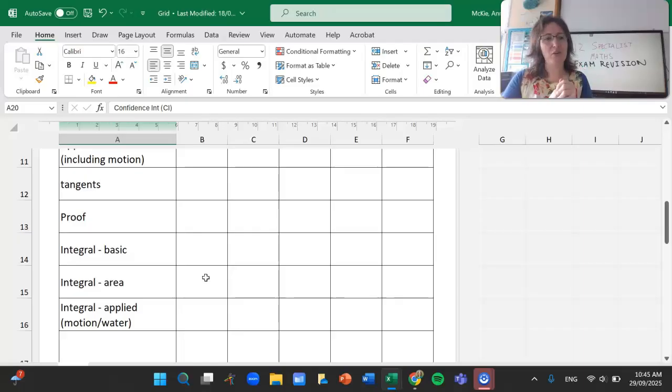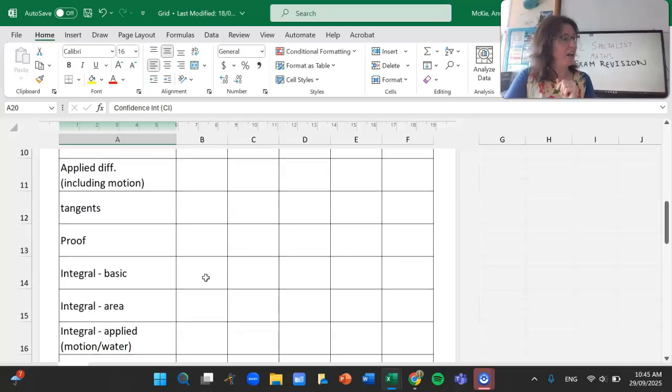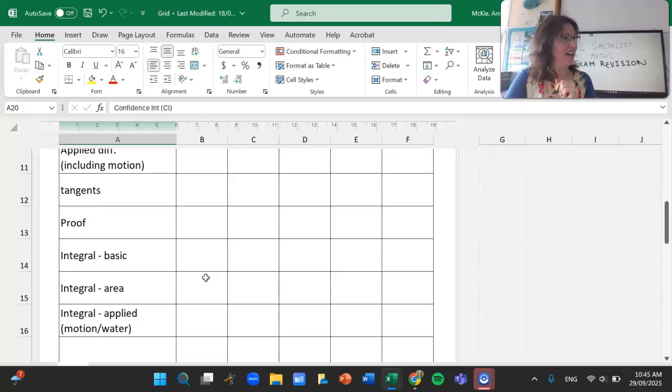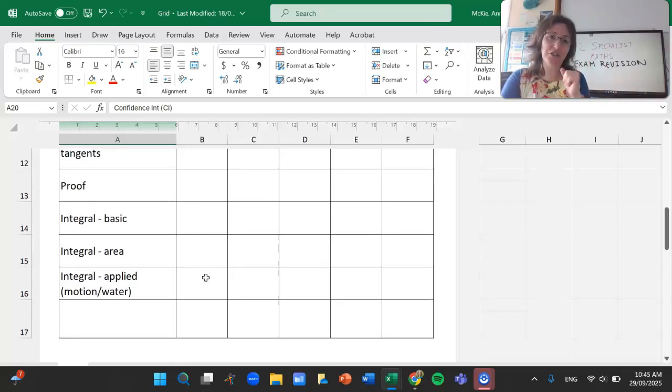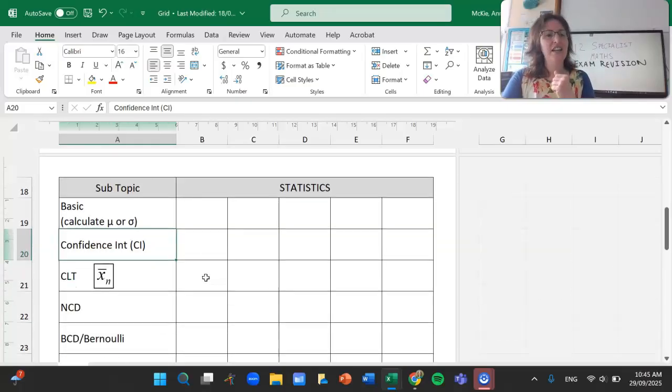It could be a question where you need to know that you can have a negative integral, but you can't have a negative area. Or it could also be a question where things are below the curve, below the x-axis, and working out that sort of stuff. And again, an applied integral question, so that'll be a worded question.